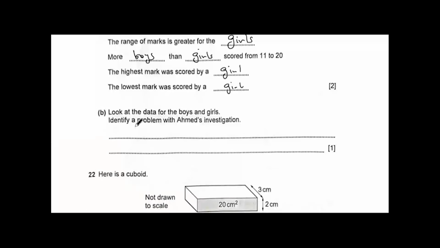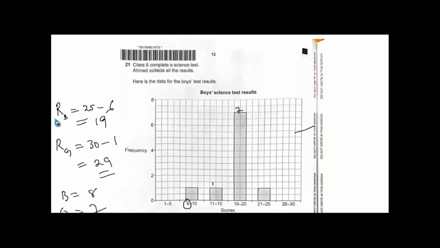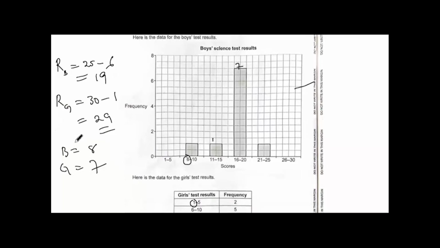Now part B: look at the data for the boys and the girls. Identify a problem with Ahmed's investigation. So let's go back to the previous page. For the boys, the total number of boys here is 10.